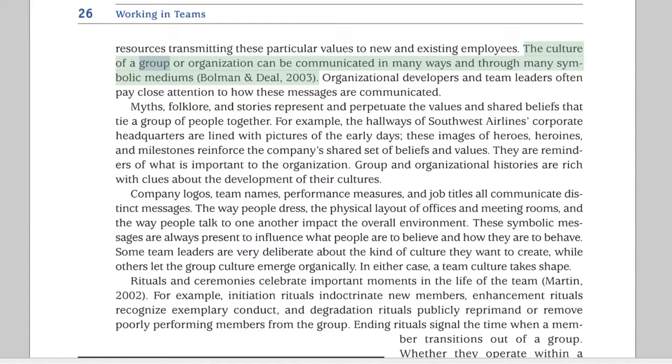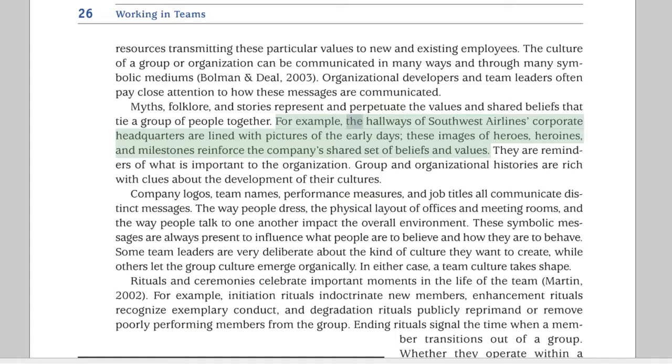The culture of a group or organization can be communicated in many ways, and through many symbolic mediums (Bolman and Deal, 2003). Organizational developers and team leaders often pay close attention to how these messages are communicated. Myths, folklore, and stories represent and perpetuate the values and shared beliefs that tie a group of people together.